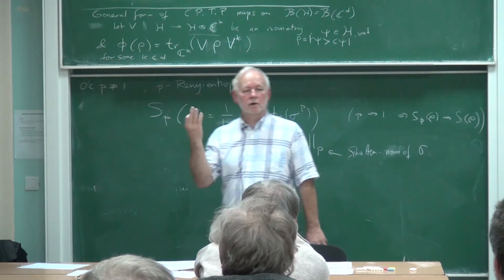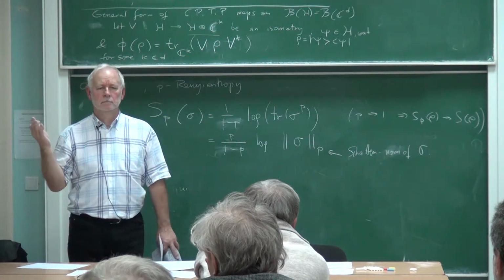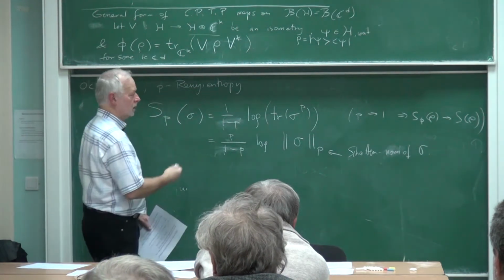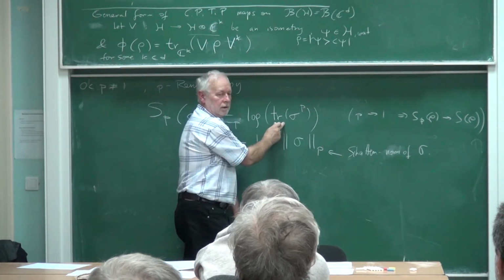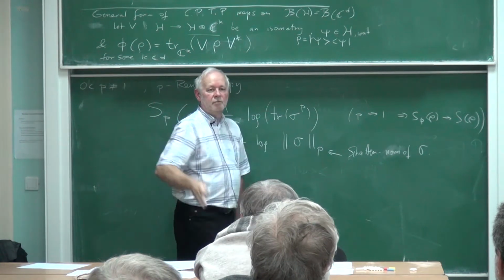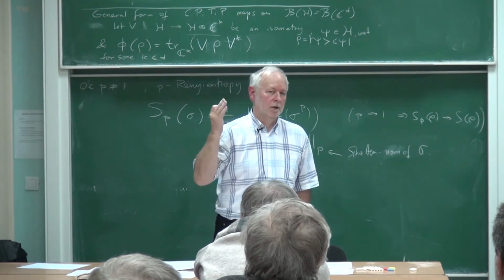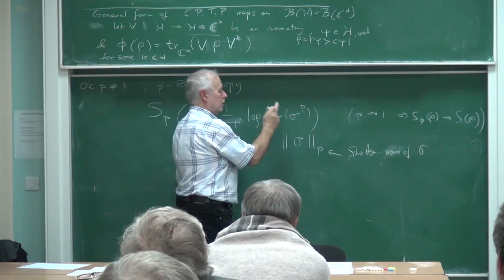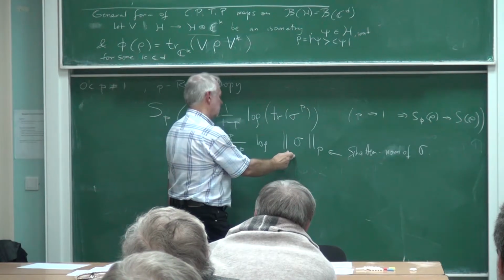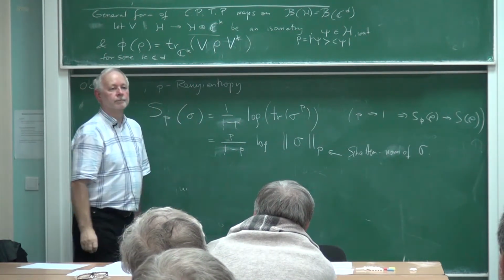Now, what is the Schatten norm of a matrix? Is that known to everybody? Yeah, okay. So now it's pretty much clear, because this is the sum of pth powers of eigenvalues. We are talking positive matrices, right? So this is the pth power of the Schatten norm. So we take the logarithm, p comes out here, that's it, right?